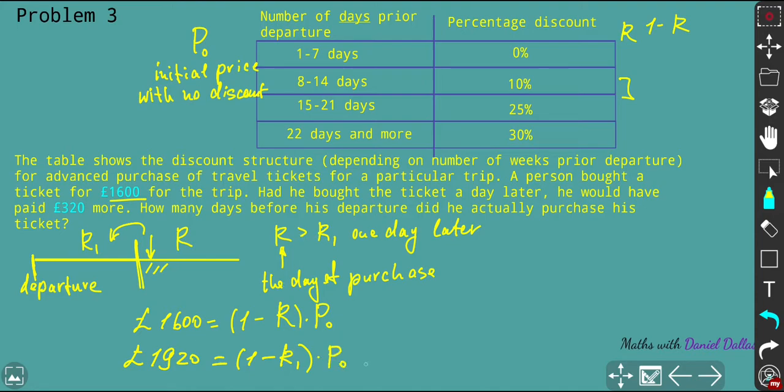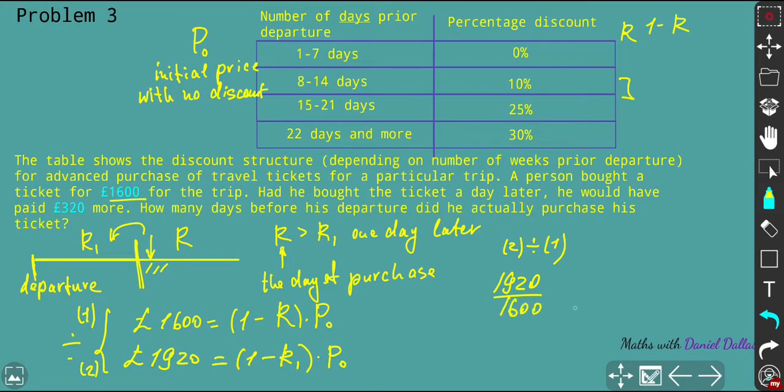And what I can do is divide. Because that's a simultaneous equation, I can simply divide to eliminate the original price. If I divide that, I'll get the ratio. So it's better to divide equation 2 by equation 1. So we divide equation 2 by equation 1, and right now the result is going to be 1920 over 1600.